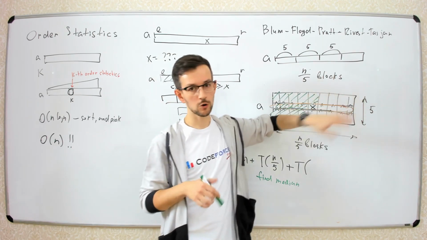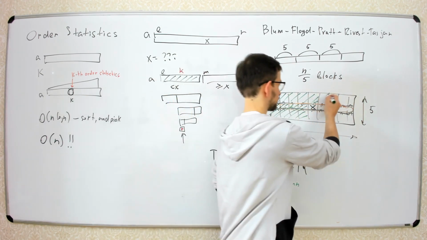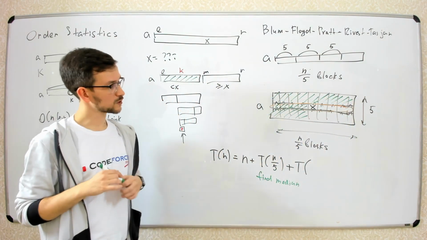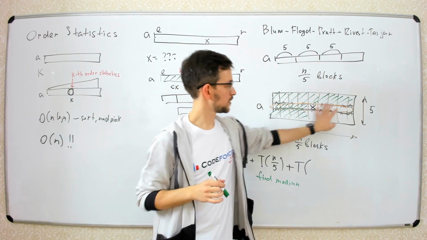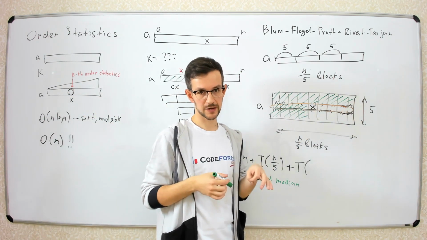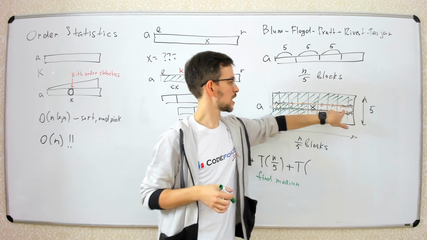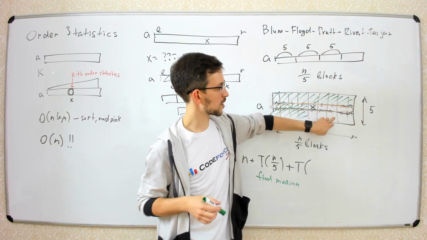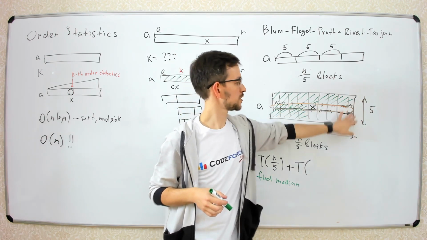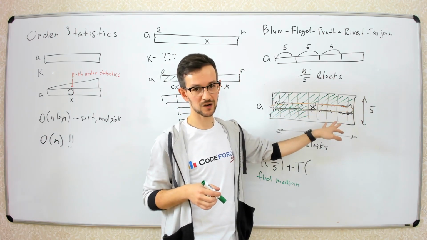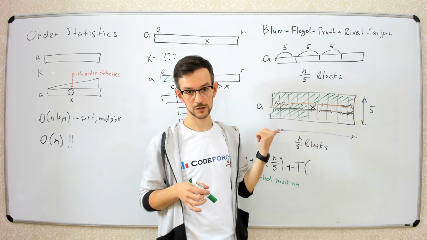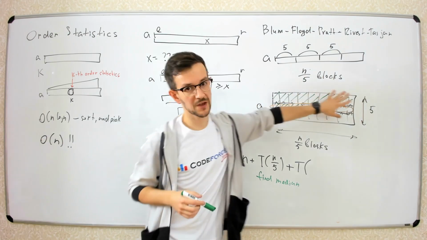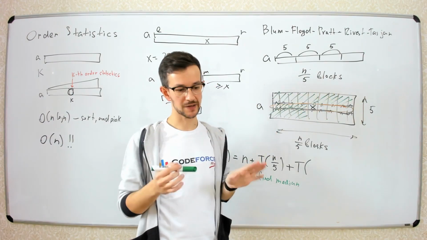And all the elements here cannot be less than x, because these elements are greater than x, and these elements in the bottom are greater than these elements. So each element in this part of the rectangle is greater than x. So these are all the elements which could possibly be less than x.